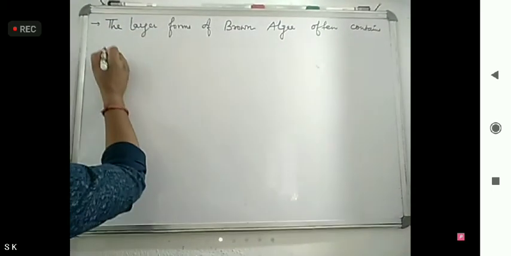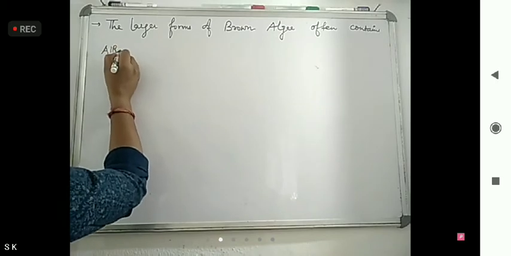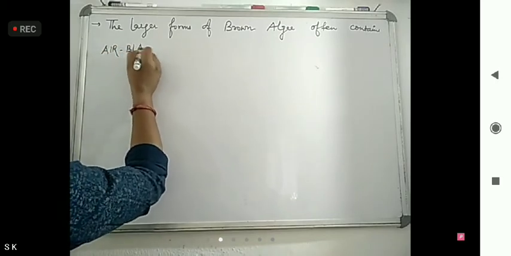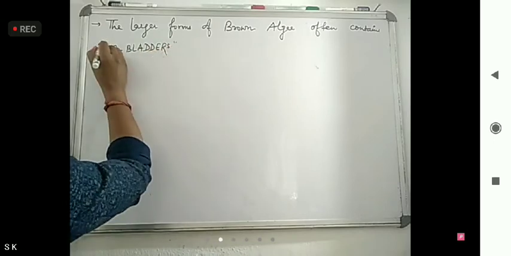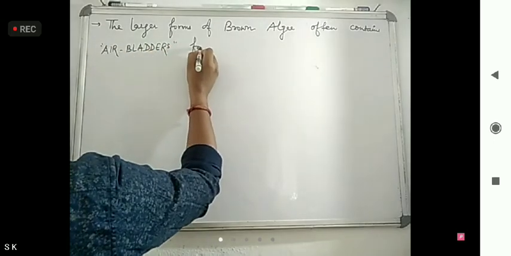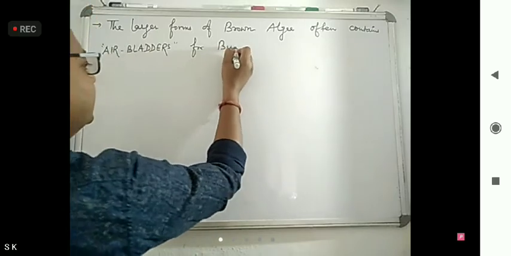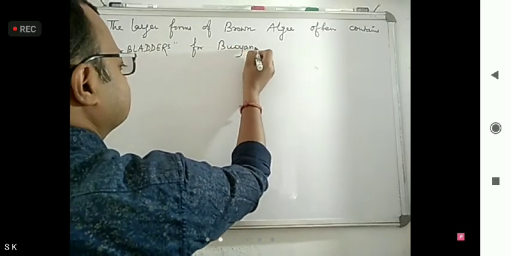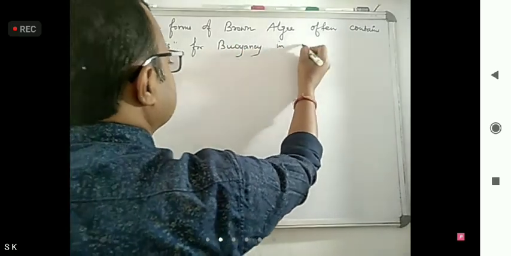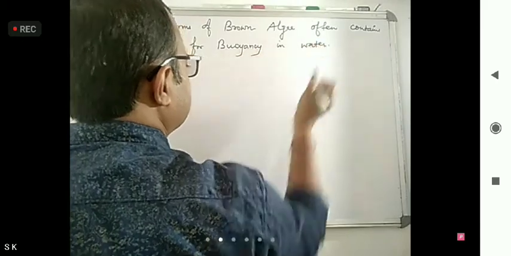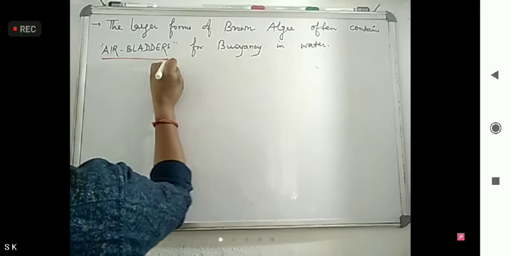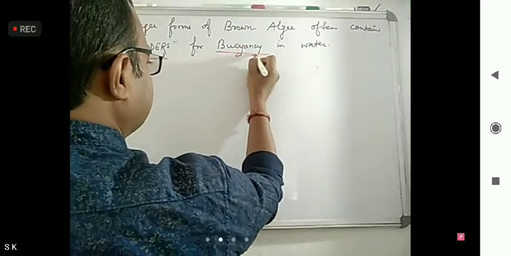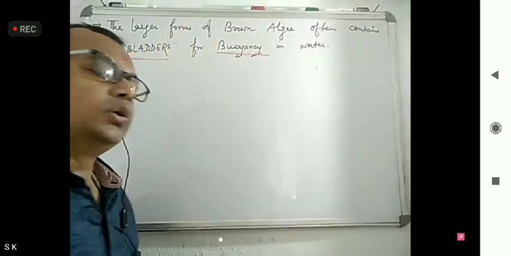So often contain air bladders for buoyancy in water. Okay. So air bladders are also present for maintaining their buoyancy in water.